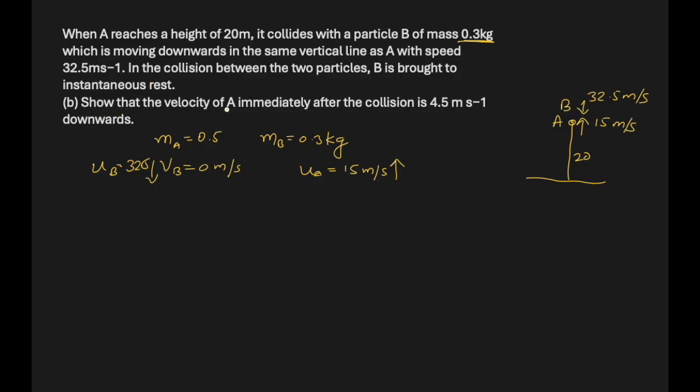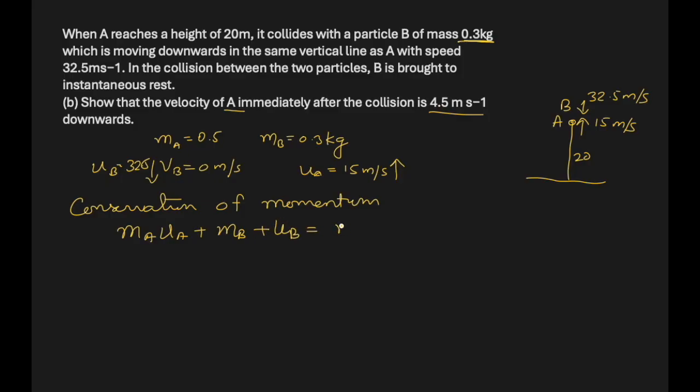Show that the velocity of A immediately after is 4.5 meters per second. We have to show this, so we can't use it. So we will use conservation of momentum, which is that MA UA plus MB UB has to be equal to MA VA plus MB VB.